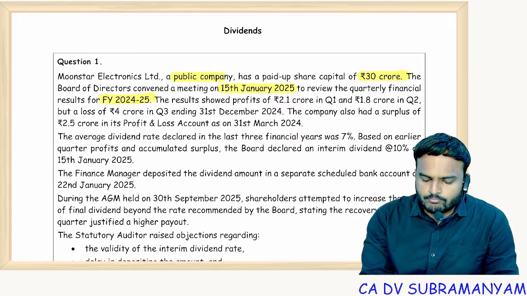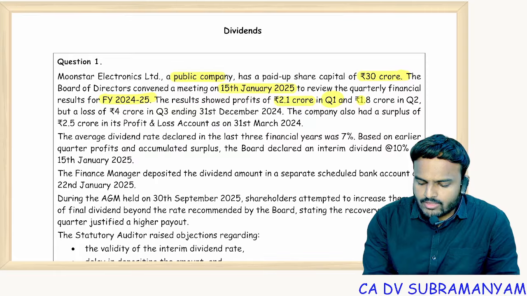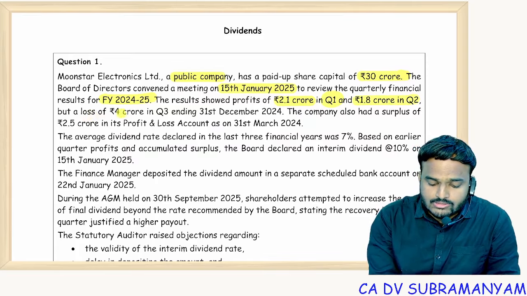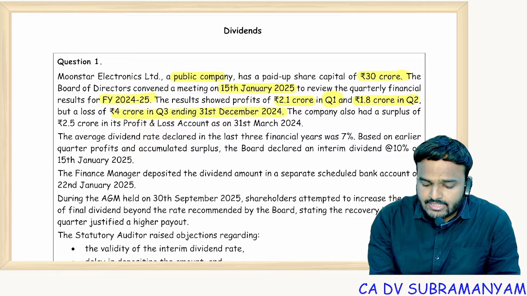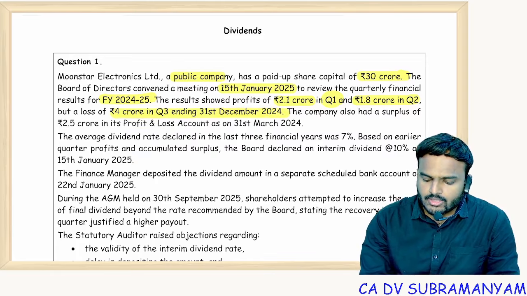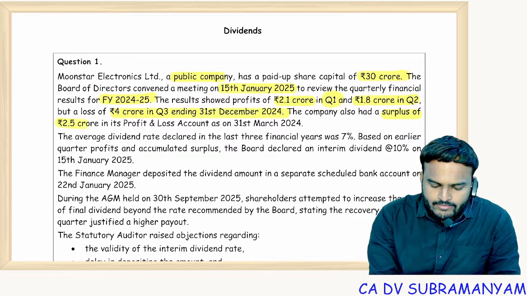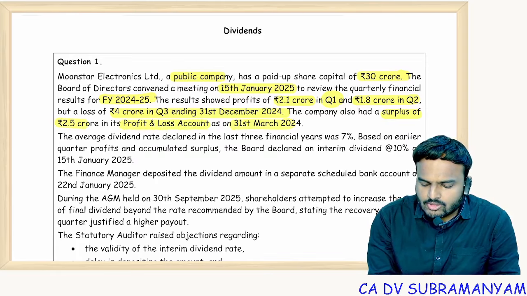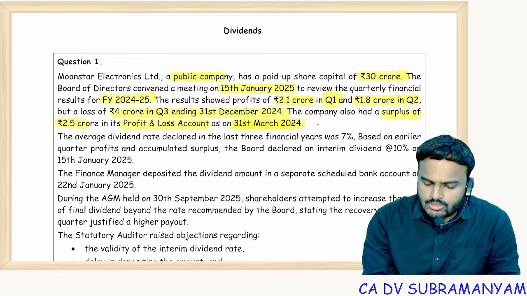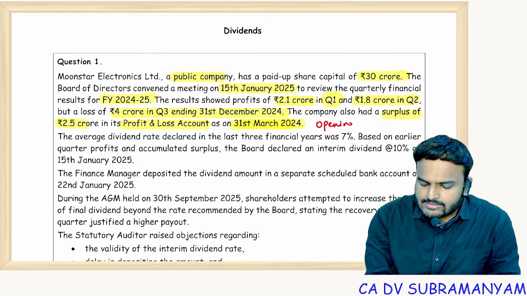The results showed a profit of 2.1 crore in quarter 1, 1.8 crore in quarter 2, but a loss of 4 crores in quarter 3 ending 31st March 2024. The company also had a surplus of 2.5 crore in its profit and loss account as on 31st March 2024. So this is the opening balance in the profit and loss account.